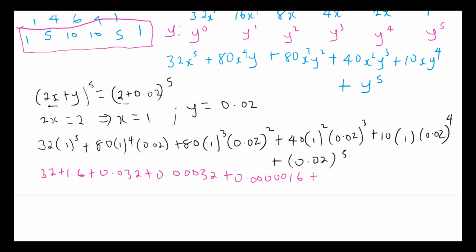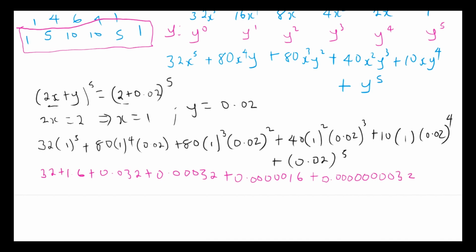That should be 0 point several zeros, with 32 at the end there.